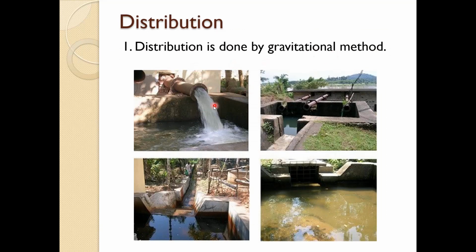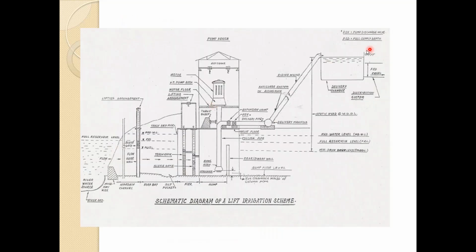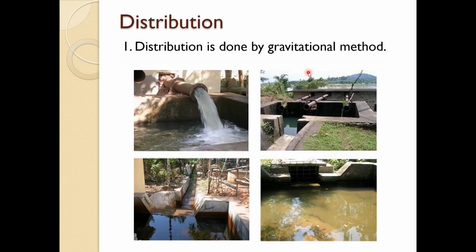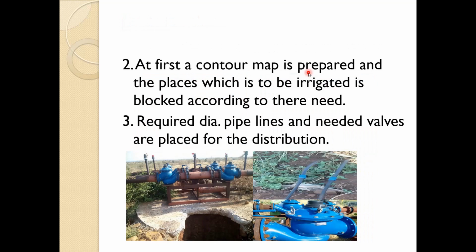Distribution is done by the gravitational method, as we have seen. We are storing the water over here, and again we are distributing it by the gravitational method. At first a contour map is prepared, and the places which are to be irrigated are blocked according to their need.